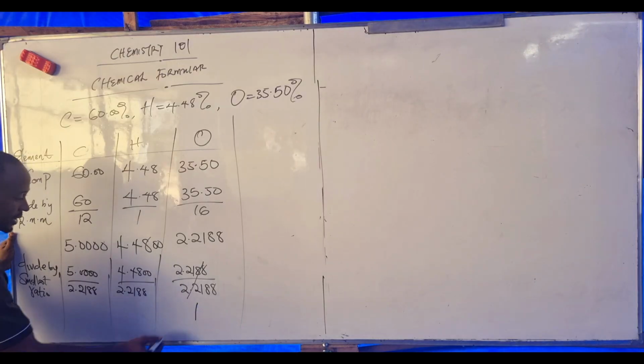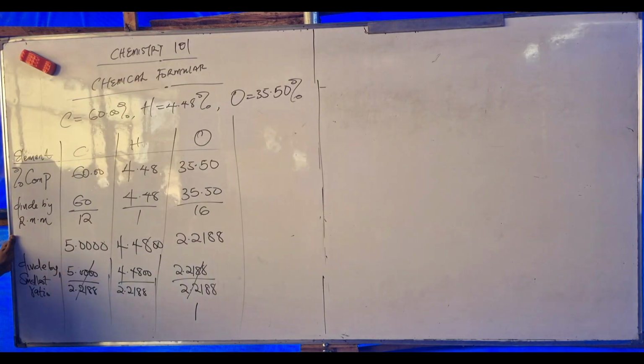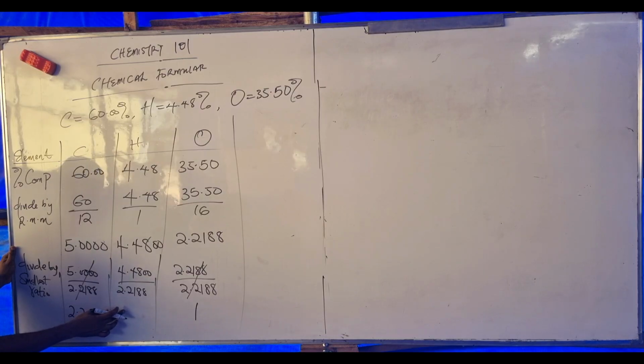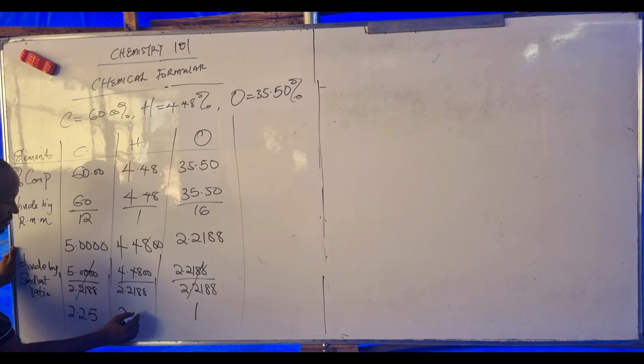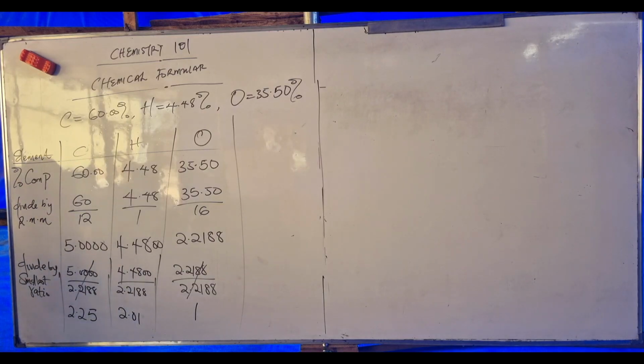What do you have here? 1 for oxygen. Then 2.25, and 2.01. Now listen, you don't approximate anyhow because we are dealing with a compound.